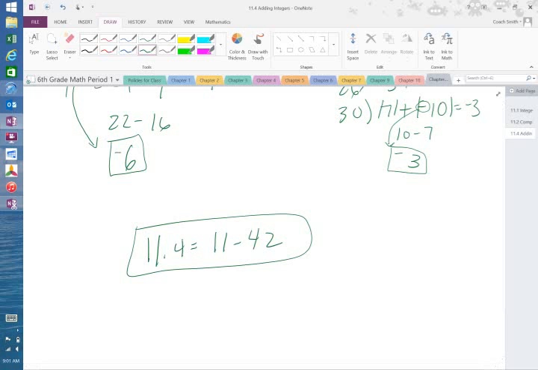Like, for example, on number 11 through 18, it says, add using counters or number line to help. Okay? Use the rule. Just use our rules. Do it however you need to do it. However you need to visualize it, you do it that way. And then it says on 19 through 30, add, use the rule. All of them, do what you've got to do to do the problem.